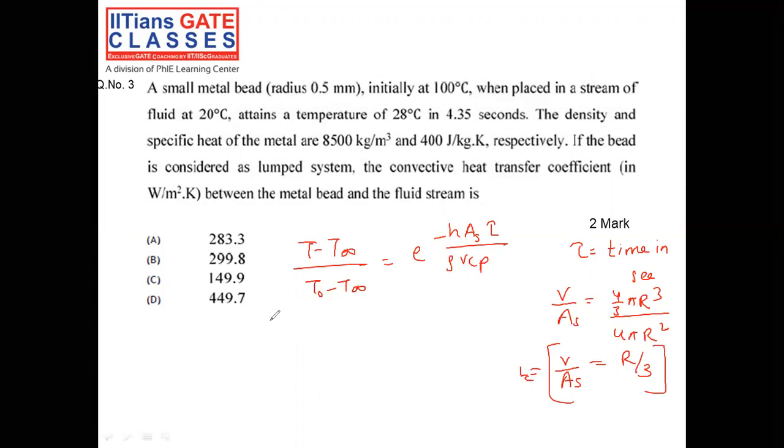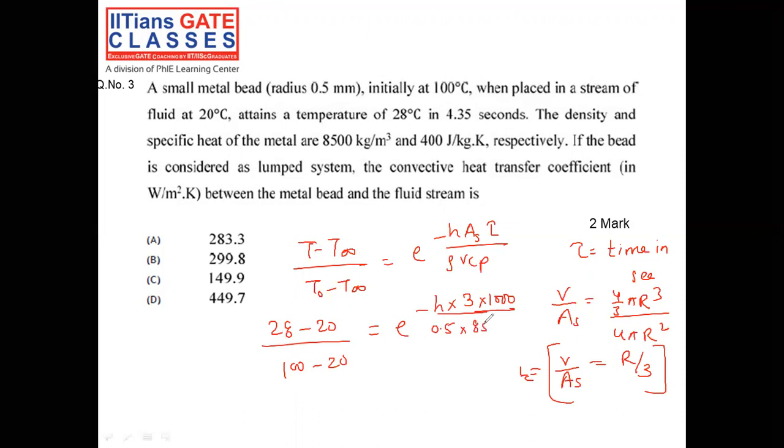So temperature 28 minus T infinity 20, divided by 100 minus 20, equals e power minus h, times surface area by volume, which I am writing as 3 by r, 3 into 1000, where r is 0.5.